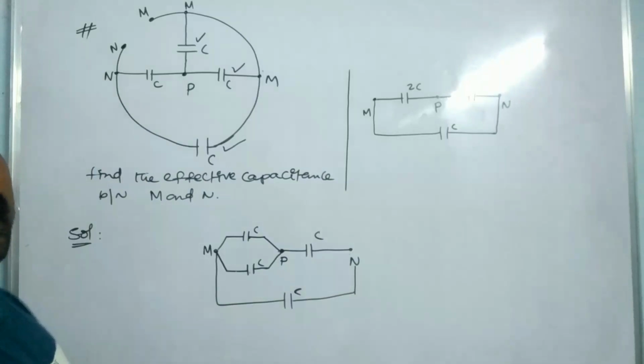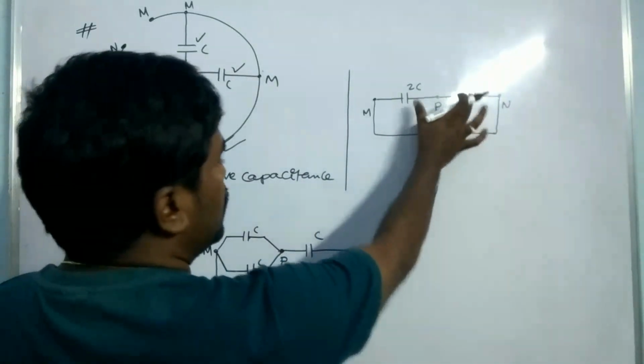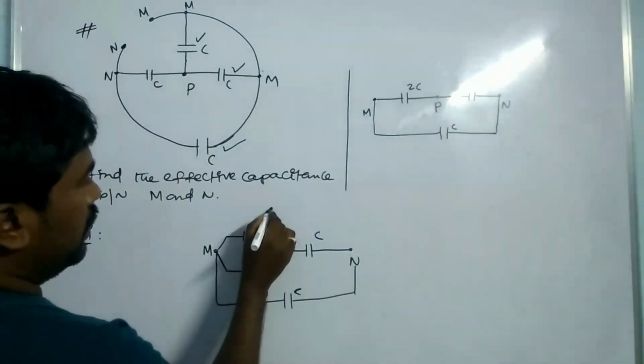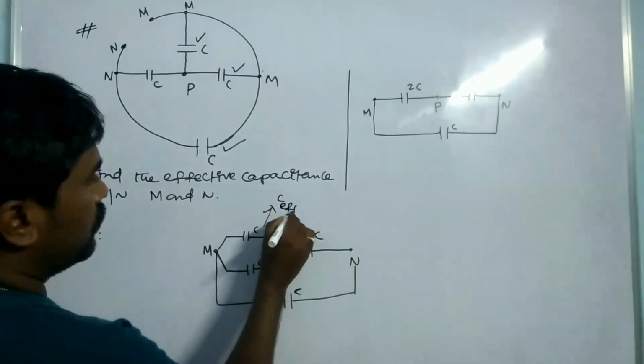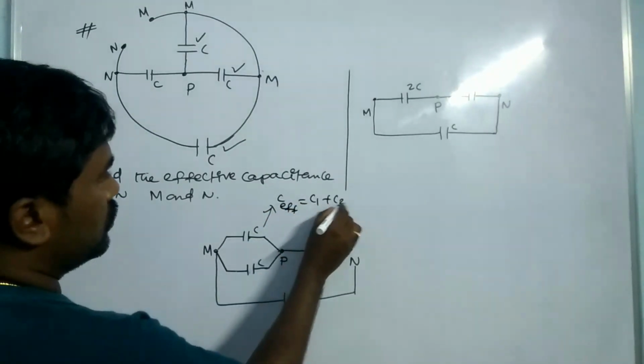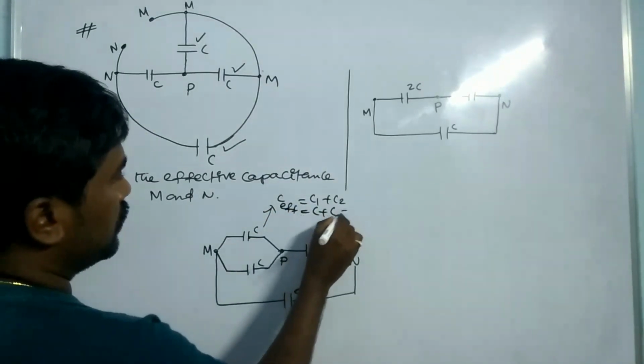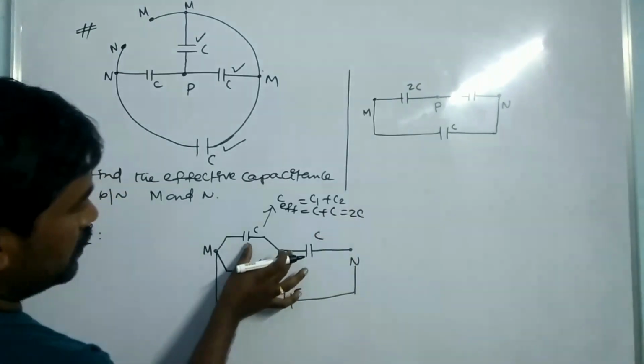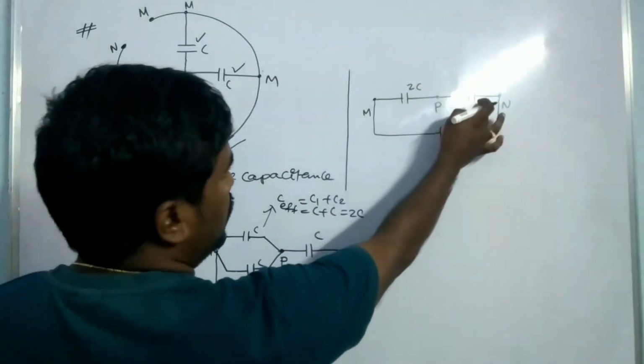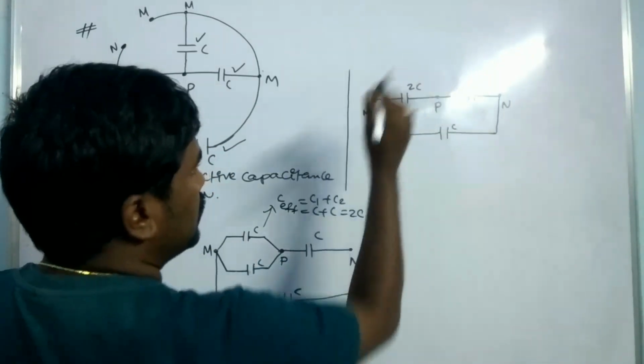Now these two capacitors are in series combination. So the effective capacitance is C1 plus C2, so this is C plus C, equal to 2C. This 2C capacitor and C capacitor will be in series combination.